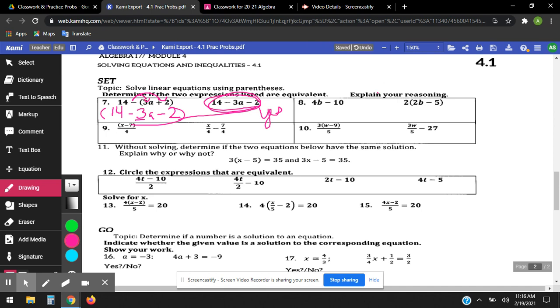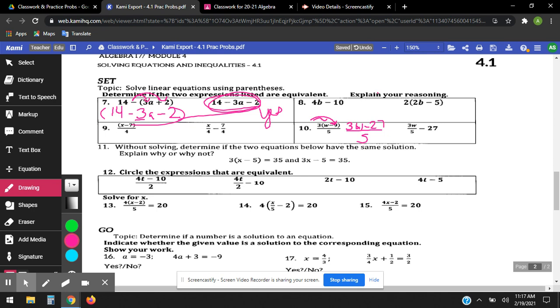The other one I'm going to show is 10. So again, we have parentheses in here. So let's just see what we end up with. To get rid of those parentheses, I need to distribute my 3 to both of those. So I end up with 3w minus 27 divided by 5. Now, is that the same thing as 3w over 5 minus 27?